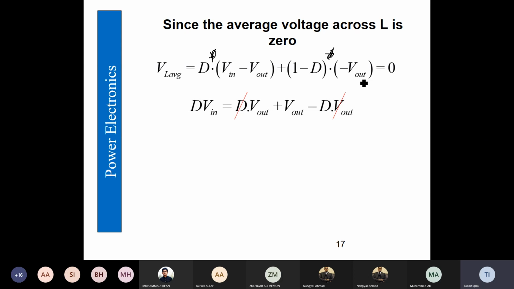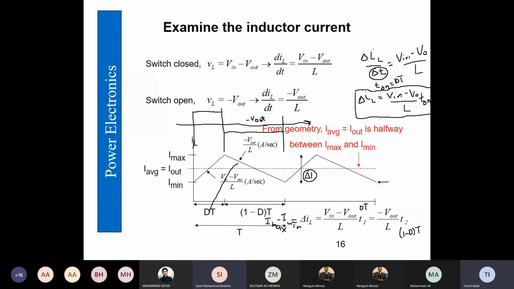So by solving it... Question, sir. Sir, the graph of the voltage that you drew previously, kindly can you repeat it once, I did not understand, sir. At the time when we are looking at the inductor current, so inductor current is charging and therefore the voltage appearing across the inductor is like this, V in minus V out multiplied by this T on time, which is dt.